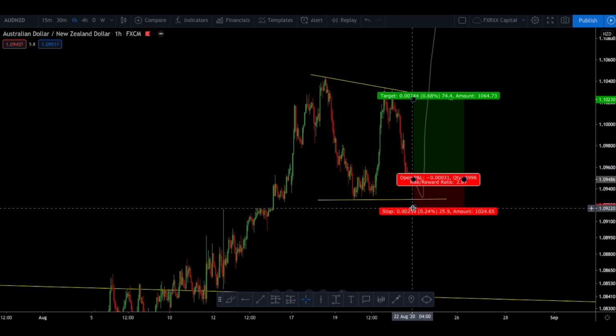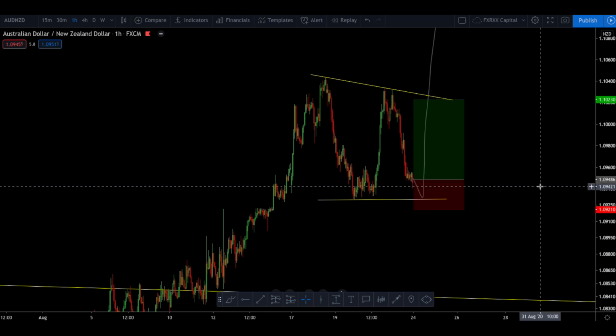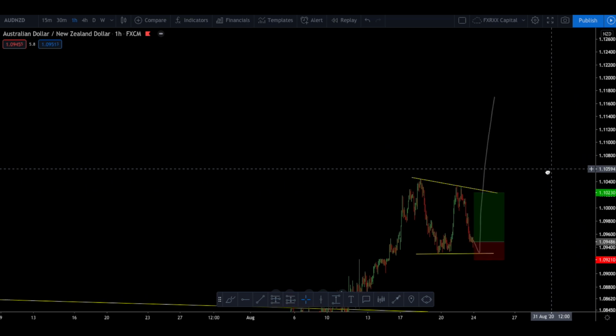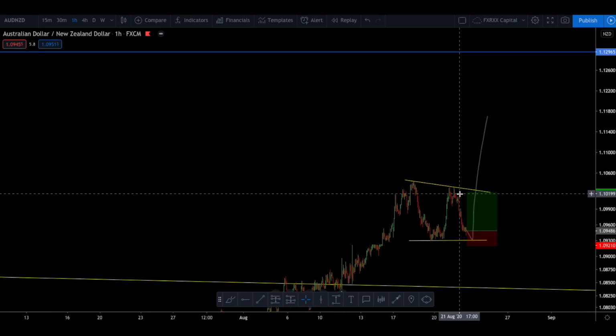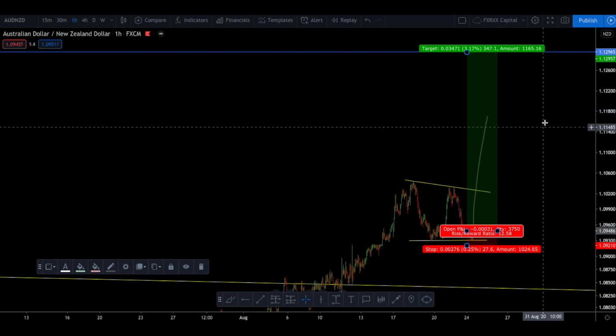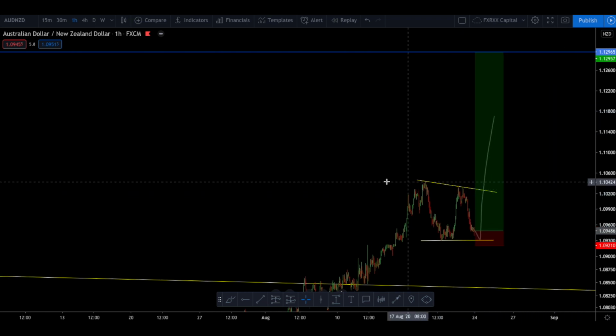So it's around 27 pips. So this will be the minimum target that we set at 90% rules. So we about 12.5%. So that's all for this pair.